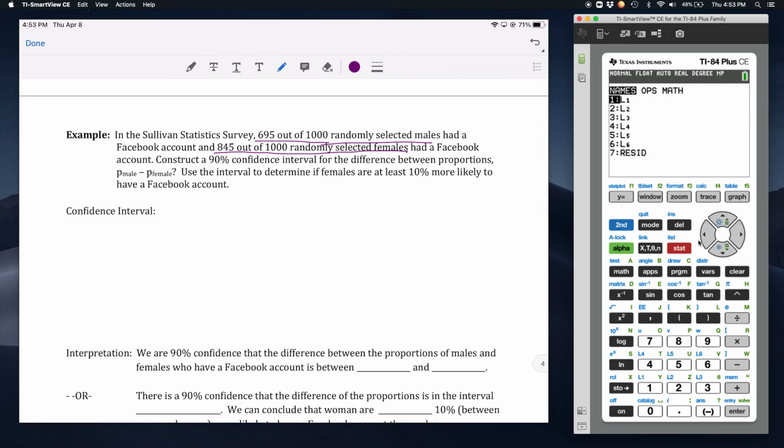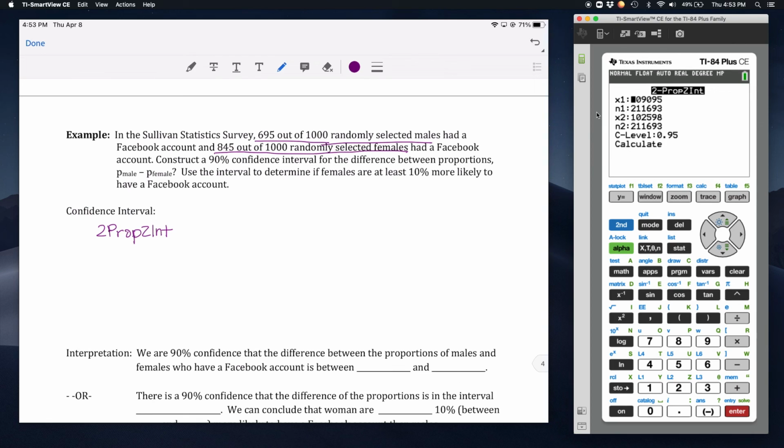So we're going to go to our tests. And remember, for confidence intervals for proportions, we went all the way down here. So rather than just doing a 1 prop z interval, we're going to do a 2 prop. Okay.